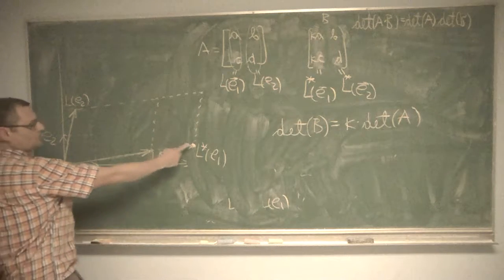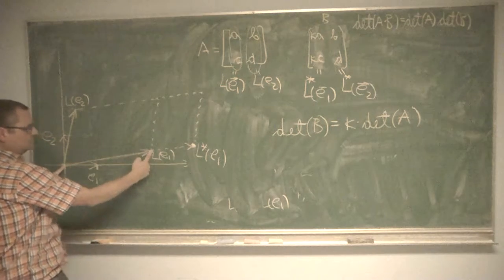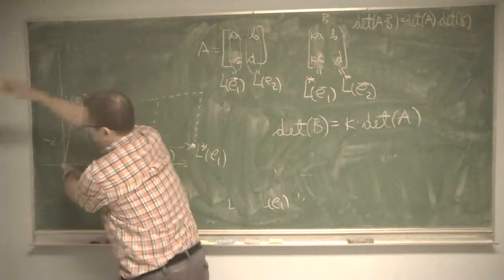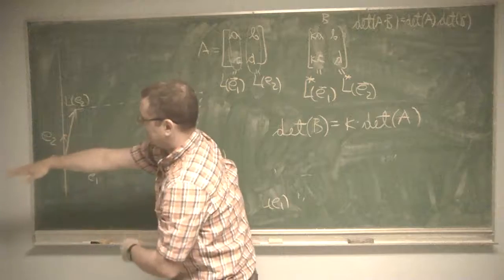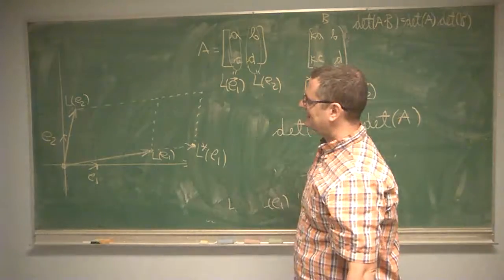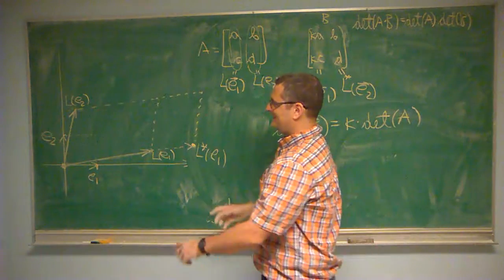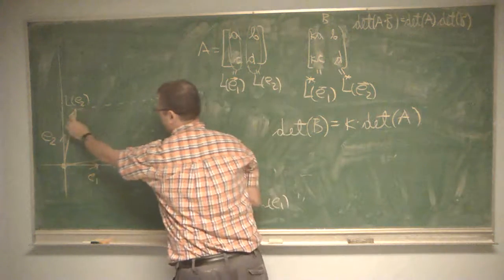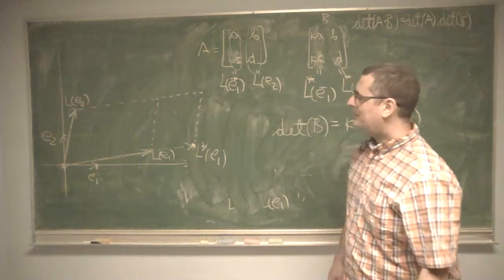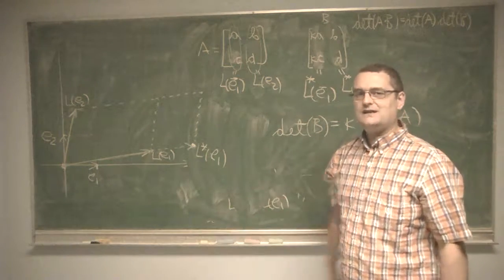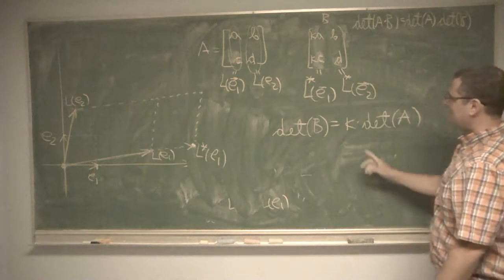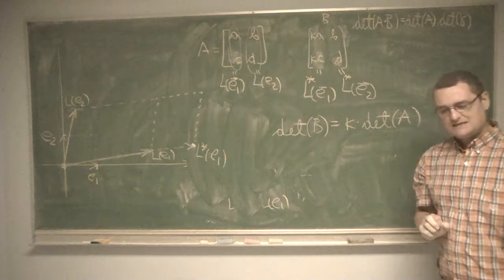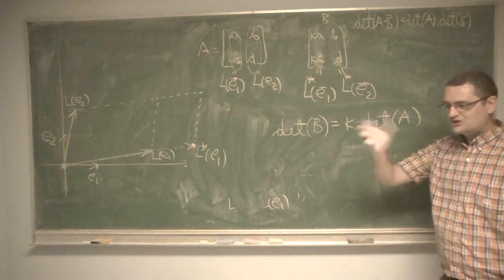Then instead of 1.5 times vector (a, c), I flip it to the opposite side, and my parallelogram will now have the same area as this parallelogram. I think that's pretty clear, but I flip the orientation, so the magnitude will be just like if k was positive, but I change the sign.